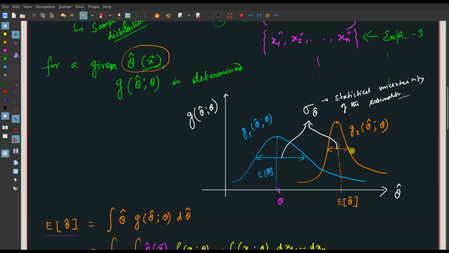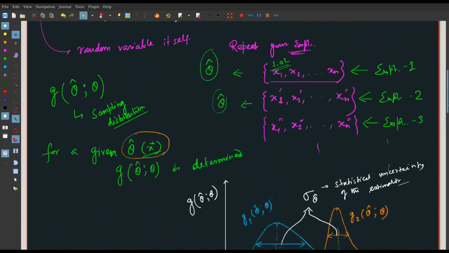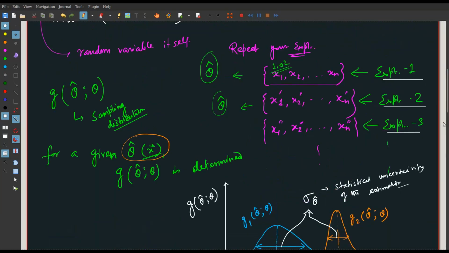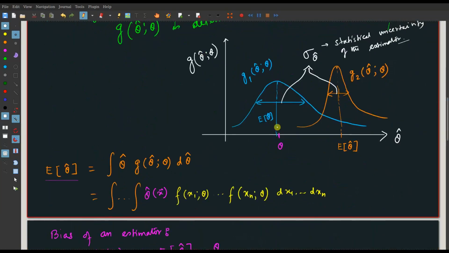So remember, if you take the blue curve, then in one random experiment you get a value of theta hat here, and in the second experiment you will get a value of theta hat somewhere over here, and in the third experiment you will get theta hat somewhere else. So theta hat can be everywhere.